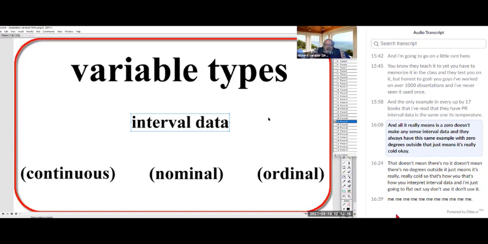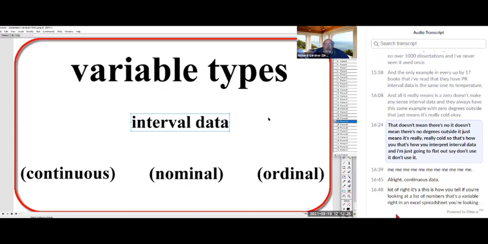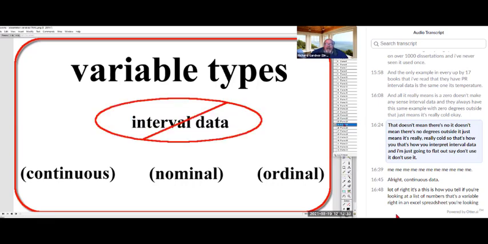When it's 0 degrees outside, that just means it's really cold. It doesn't mean there's no degrees outside. So that's how you interpret interval data. And I'm just going to flat out say, don't use it.